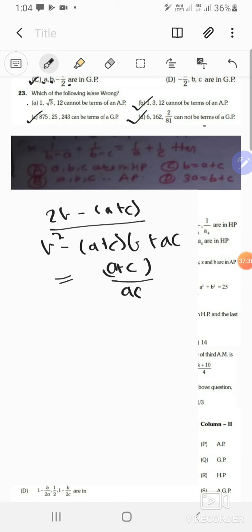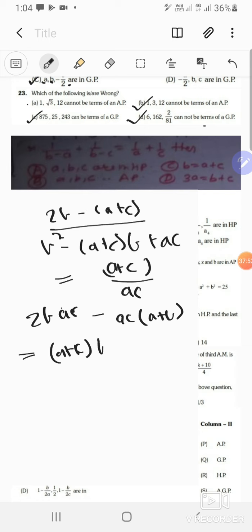So 2b into ac minus ac into a plus c has to be equal to a plus c into b squared minus a plus c squared into b, and then plus a plus c into ac.